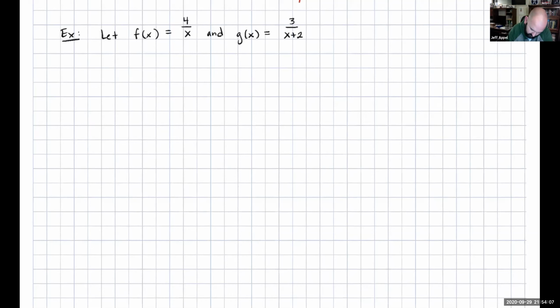It's going to be pretty quick on this one. I'm not going to run through everything on these. The first thing in part A that we're going to be asked to figure out is what is f minus g of x. And then in part B, we're going to be asked to identify the domain of f minus g.